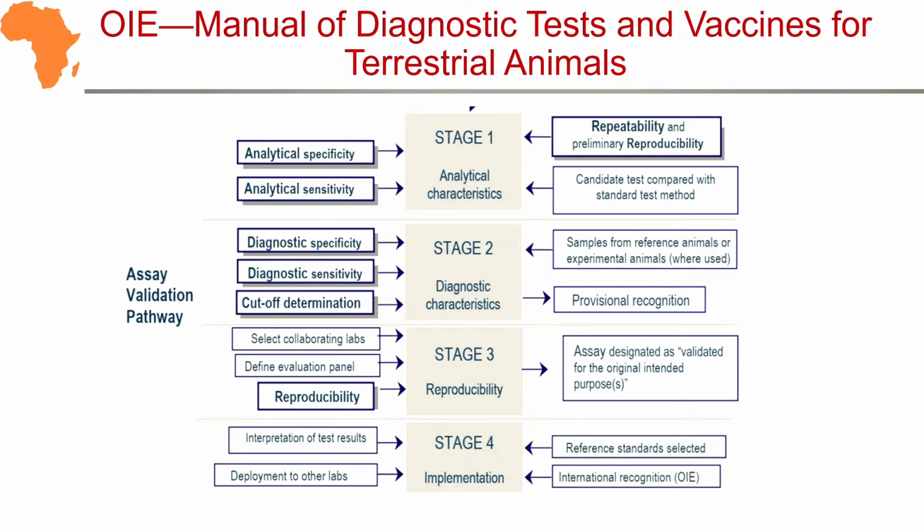There is what they call analytical or diagnostic, but let's say analytical specificity, analytical sensitivity. These are characteristics of the test. Then diagnostic sensitivity, specificity, then you do a cutoff determination.